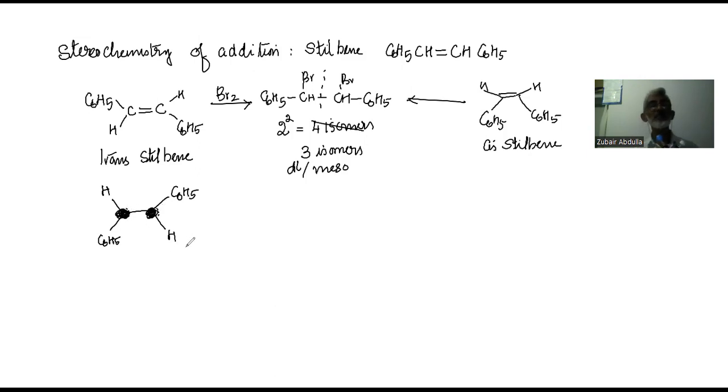Now suppose I rotate this molecule in this fashion. I would like to represent this in a horizontal fashion. All the sigma bonds have come into a perpendicular plane. Now it is horizontal. These two bonds are coming towards the observer, towards us, and these two are away from us.